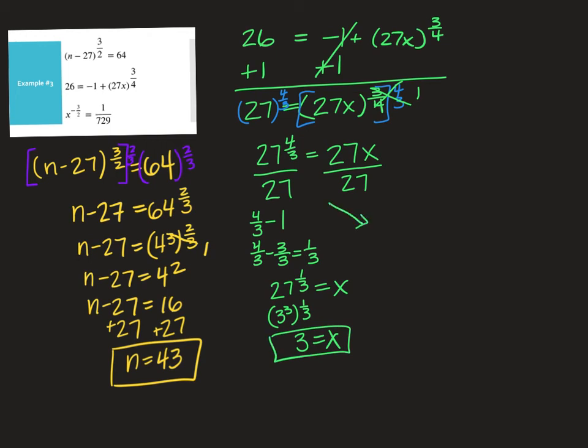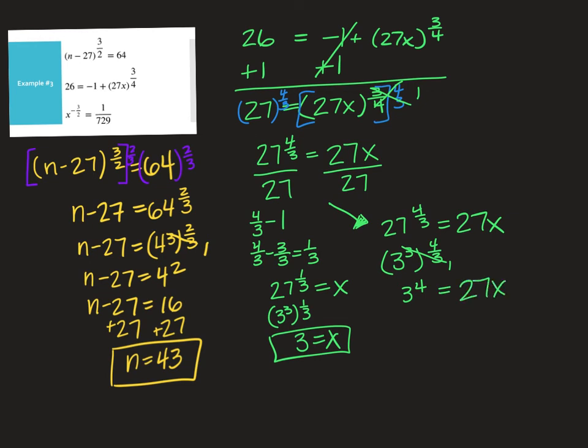So that's one way that I could have done it at that point. The second way that I could have done it at that point is if I had 27 to the 4/3 is equal to 27x, then I can figure out what 27 to the 4/3 is. It's going to be 3 to the 3rd to the 4/3, and then those will give me 1, so I have 3 to the 4th, and then 3 to the 4th is equal to 27x.